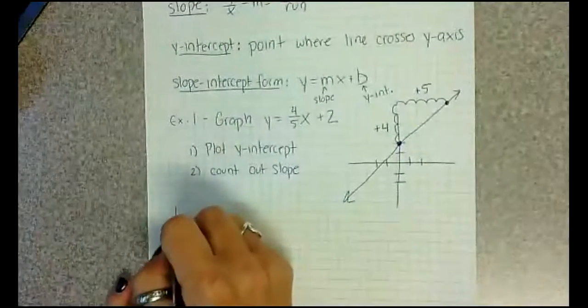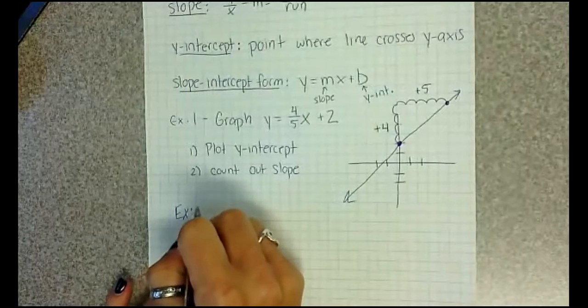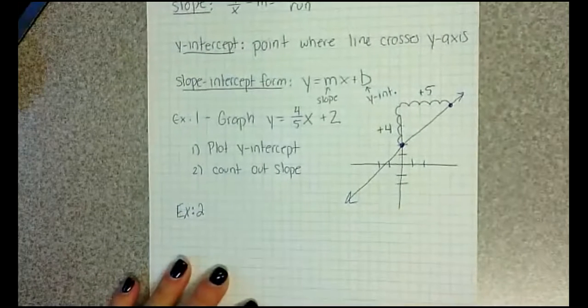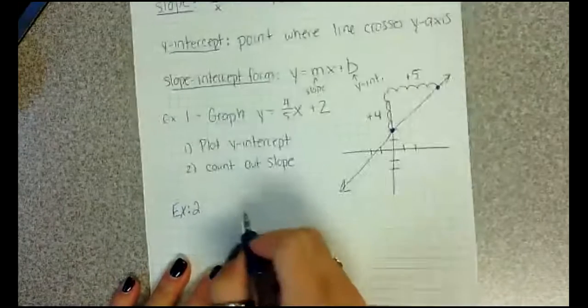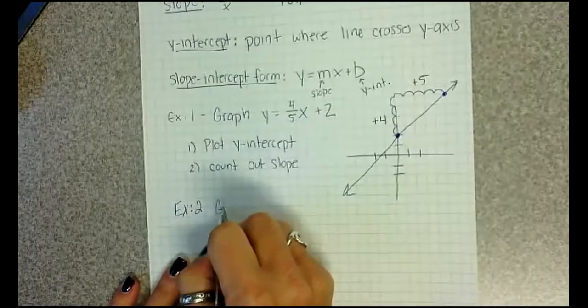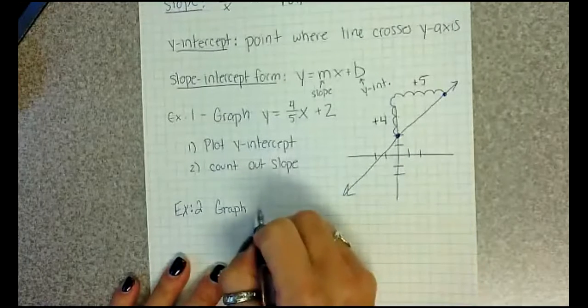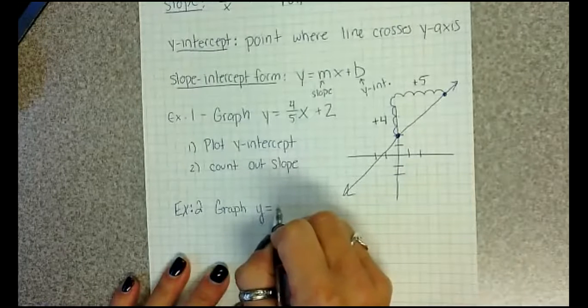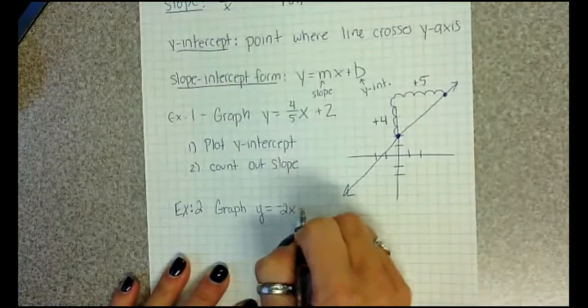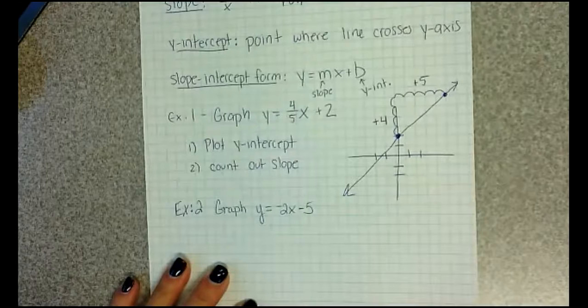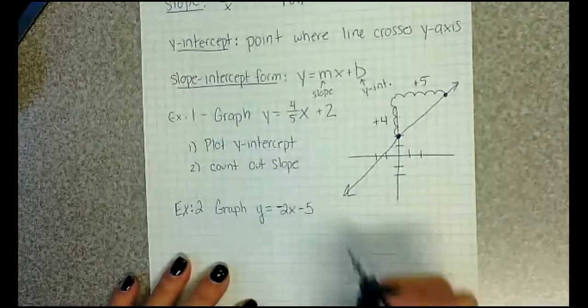All right, so we got another example here. So we're also going to graph. You've got to read your directions and see what it's telling you to do or what you're looking for. And you also need to pay attention to what the parts are when you're looking at it.